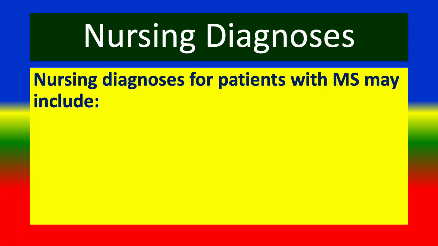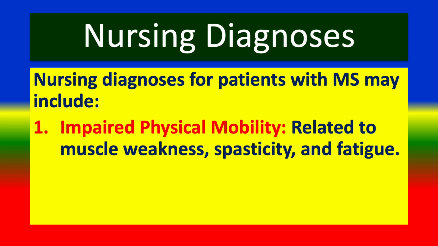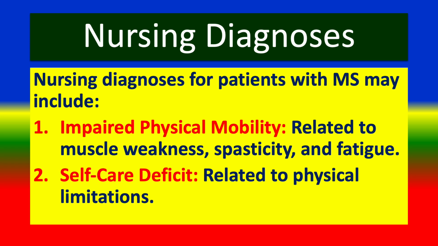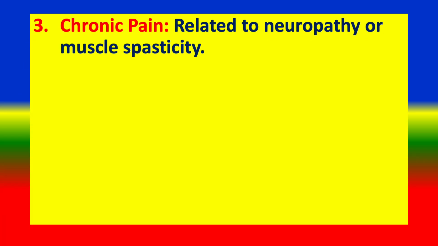Nursing diagnosis. Nursing diagnoses for patients with MS may include: 1. Impaired physical mobility related to muscle weakness, spasticity, and fatigue. 2. Self-care deficit related to physical limitations. 3.